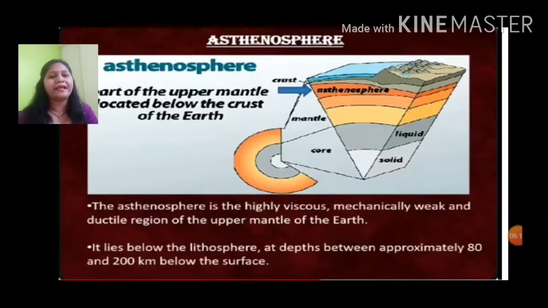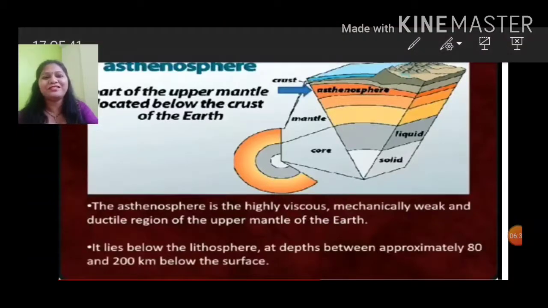The layer where the magma chambers are in the mantle is called the asthenosphere. This asthenosphere is highly viscous, mechanically weak, and ductile. It is a region of the upper mantle of the earth, lying below the lithosphere at a depth of around 80 to 200 kilometers from the surface.